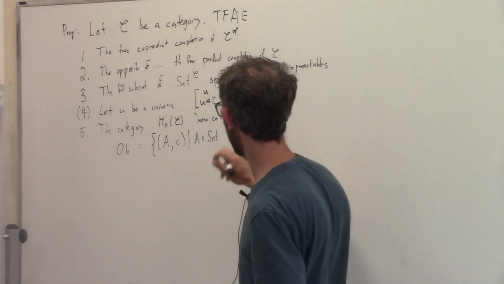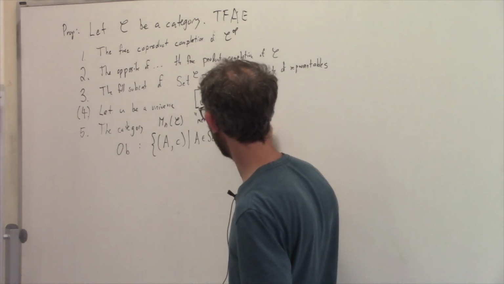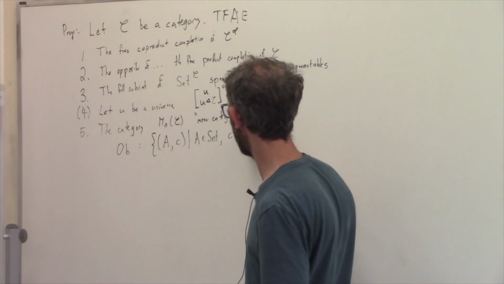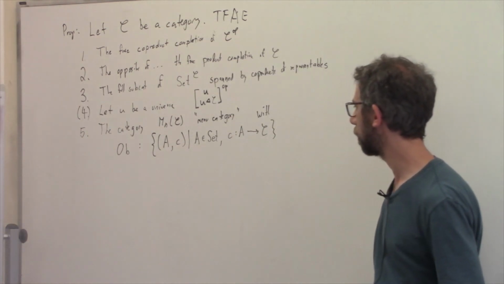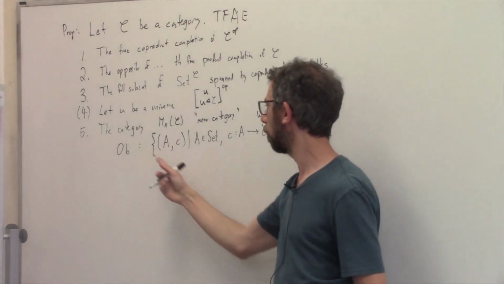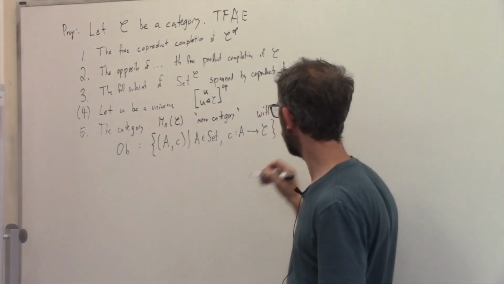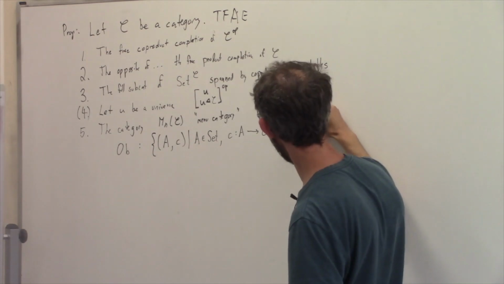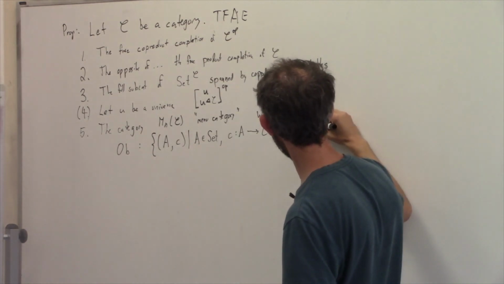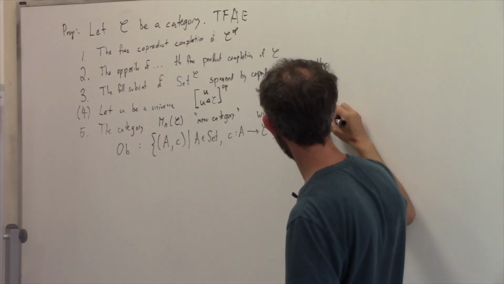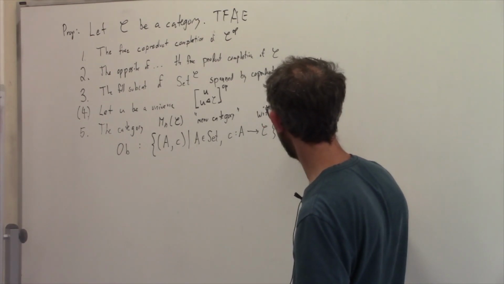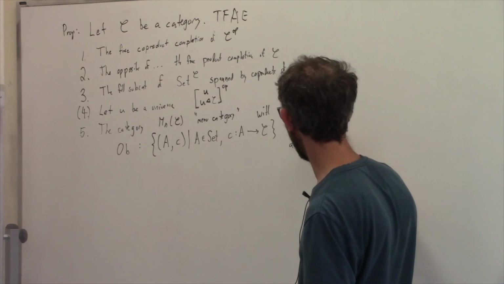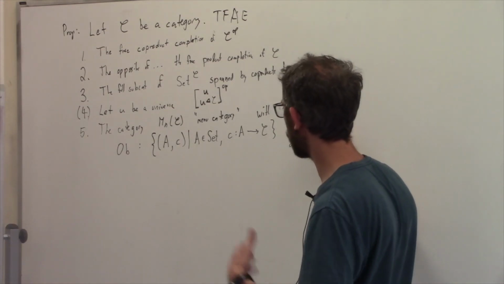It's a set together with a functor, or a functor from a set is a pretty strange thing to say, but just a set of objects in C. You could say, so what is an object in the menu category? You have a set of items, that's A, and for each item, you have some object on the menu, so something you're hoping to receive.